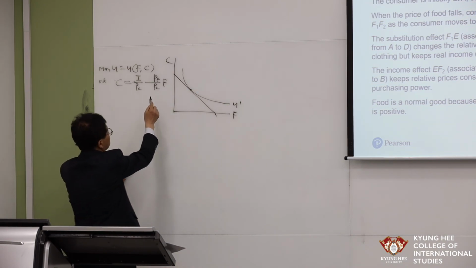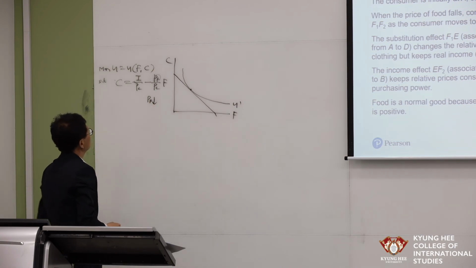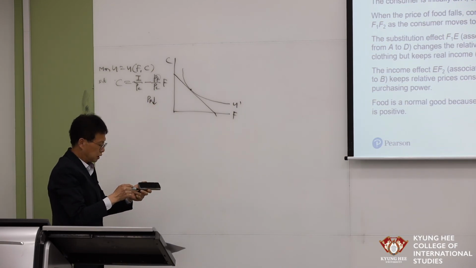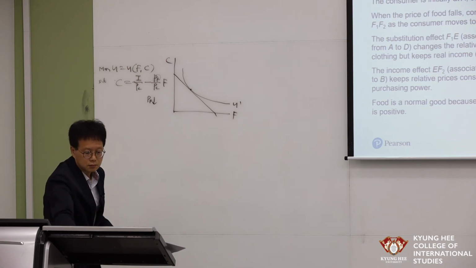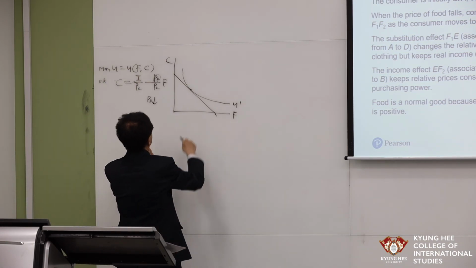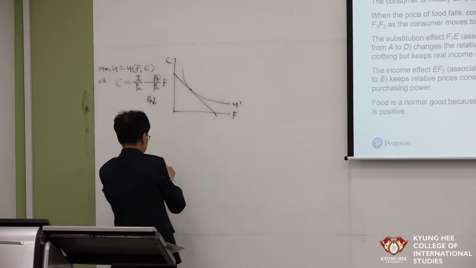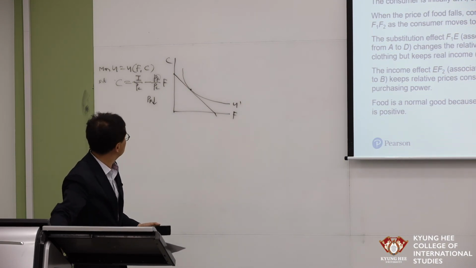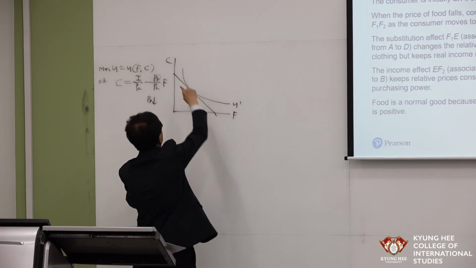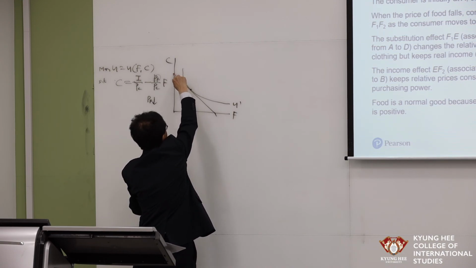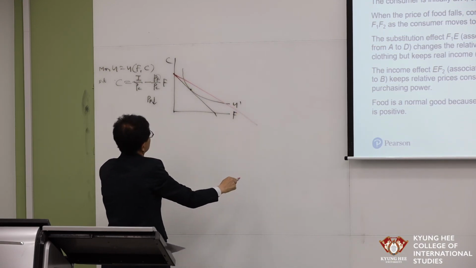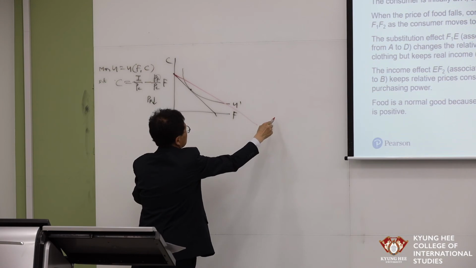Now, the price of food decreases. Then the budget constraint rotates like this. Like this. That is the new budget constraint. Right?